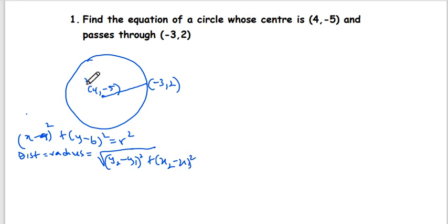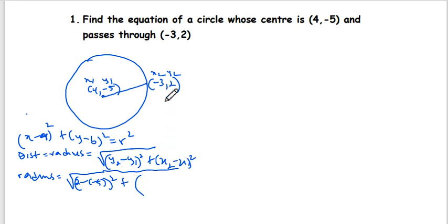This is our x1, this is our y1, this is our x2, and this is our y2. So our radius, which doubles as the distance, is the square root of (2 - (-5))² + (-3 - 4)².